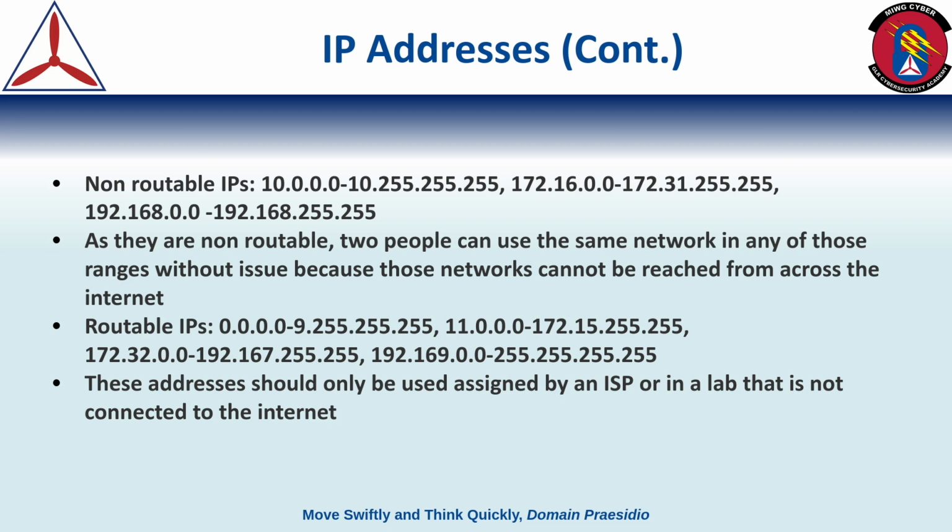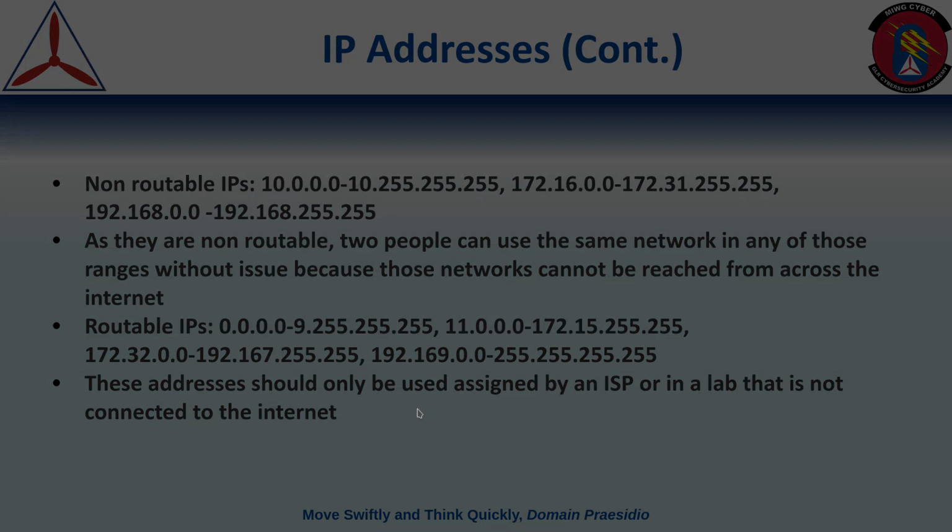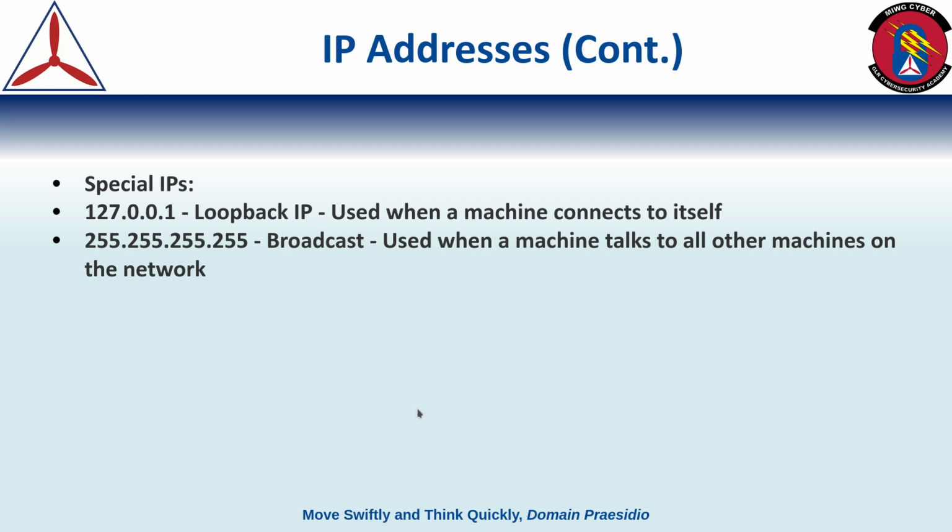And there are also features on routers where they'll just drop it before it gets to the ISP. But routable IP addresses, you can reach those addresses from the internet. And these addresses should only be used either assigned by an ISP or in a lab that is segregated from the internet. And there are some special IPs in those ranges previously specified.